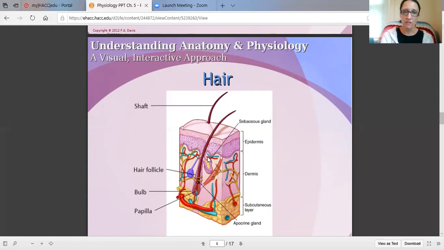And that's where this comes in. You see this right here? This is a sebaceous gland, and it's actually an extension of the hair follicle, which is the little layer of cells that surrounds the hair bulb and root as it makes its way out of the epidermis.